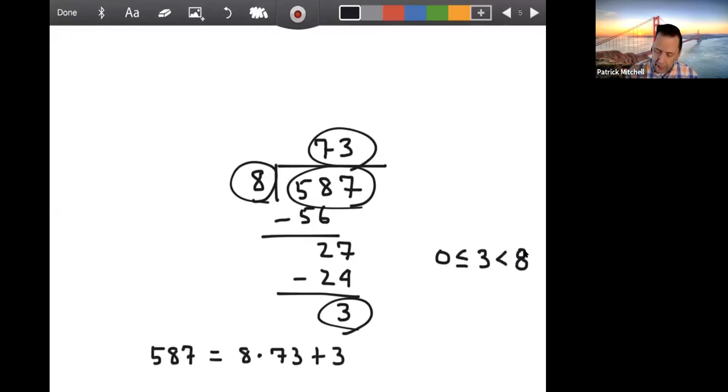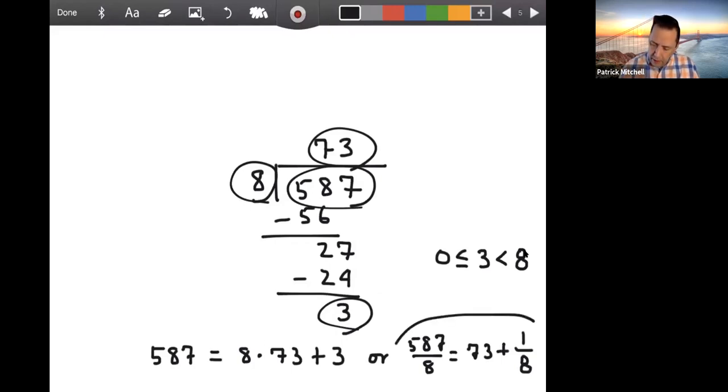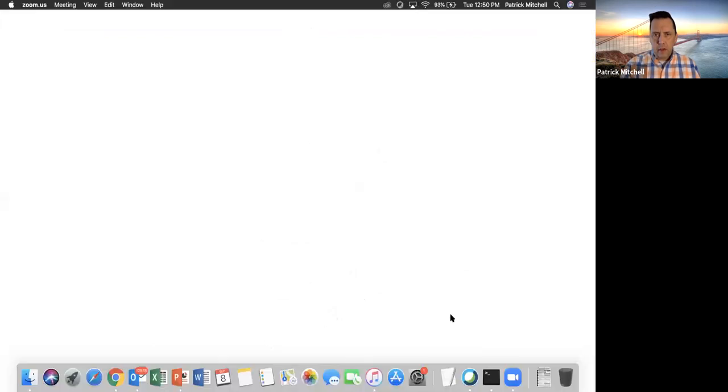You can also say that 587 over 8 is equal to the quotient plus the remainder over the divisor, okay? And this way right here kind of corresponds with how we're going to write our answers when we do polynomial long division. All right, so switching back to the slides.